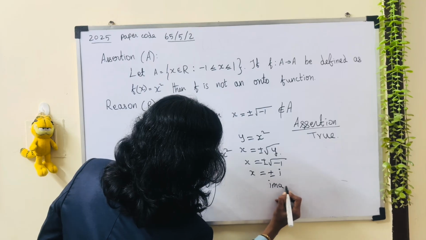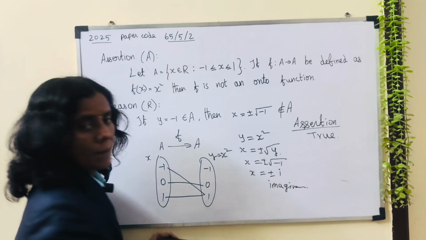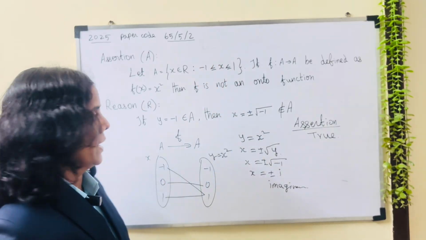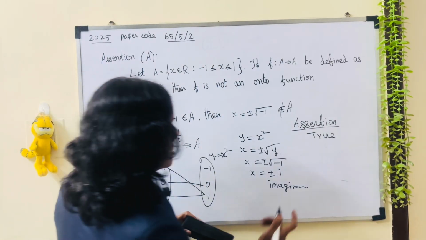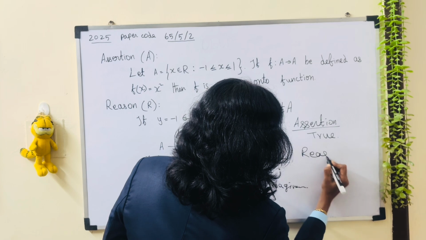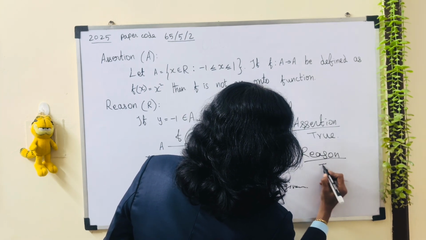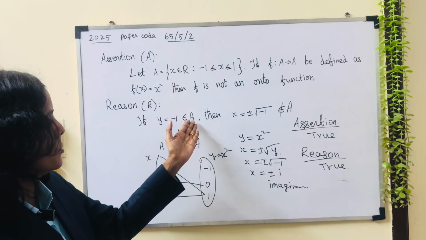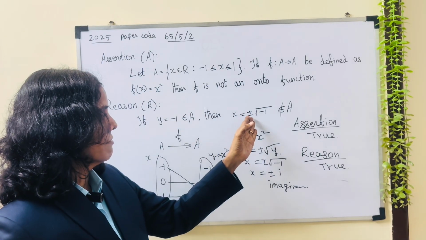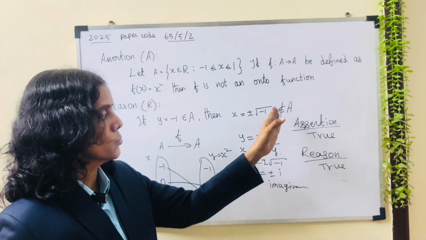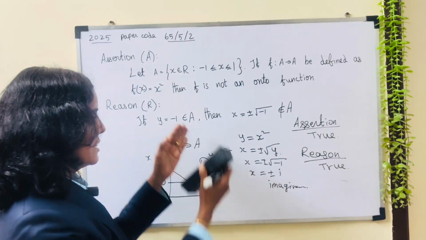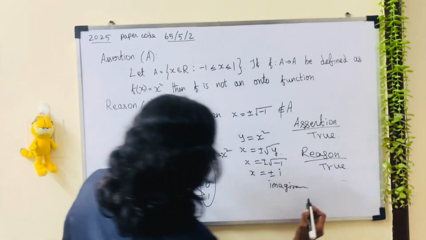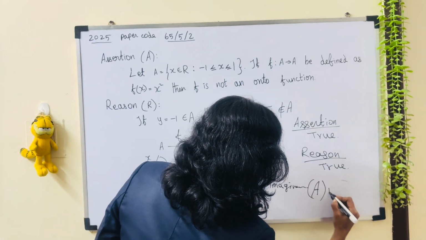That is imaginary, but x is a real number from minus 1 to 1. So your reason is also true. That is, y equal to minus 1 belongs to A and x equal to plus or minus root of minus 1 does not belong to A. This is a correct explanation of this assertion. So here option A is right.